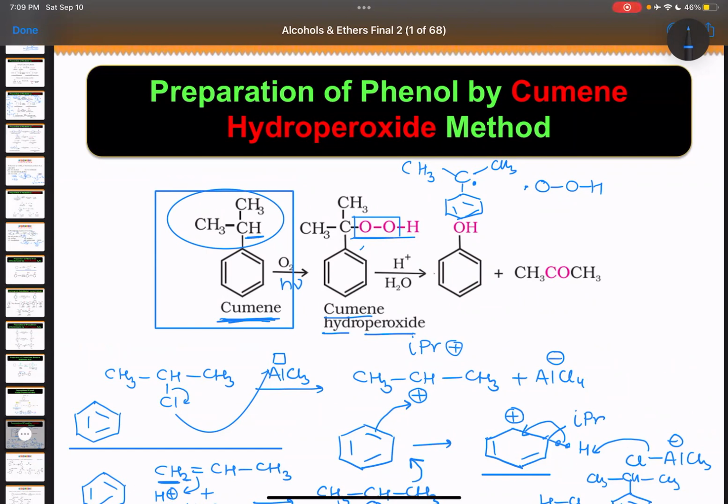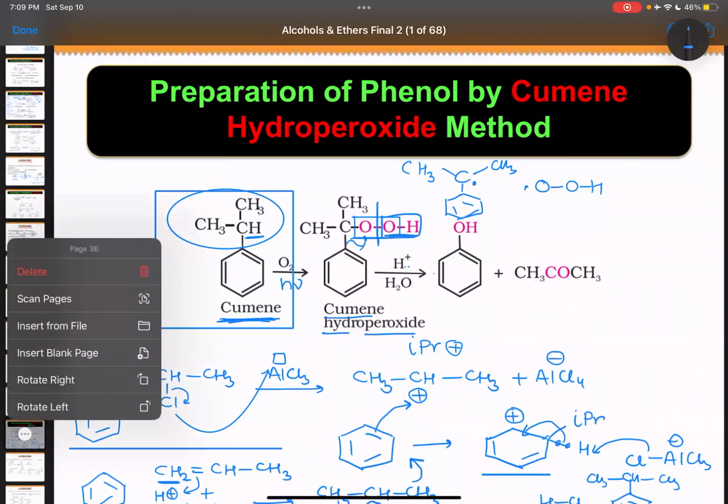Yes. And now you do the hydrolysis, H plus, dilute H2SO4. So water breaks apart. This OH gets the H plus from the water, from the acid. It breaks apart, and this benzene ring is shifted.